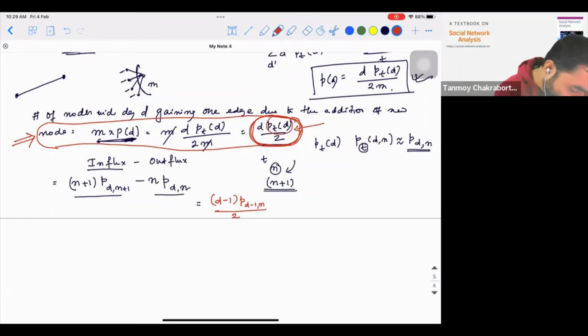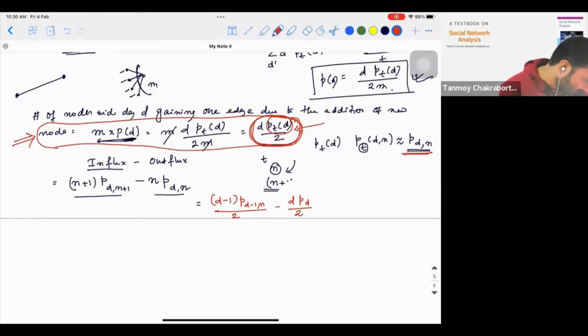I'm writing this PTD in a different way. Okay. So this many nodes now would get an edge and become a part of the degree d family. And similarly, outflux we can write this way: d P d by 2. Because this many nodes at that time had degree d. Now those nodes will have degree d plus 1, so they would be deducted.